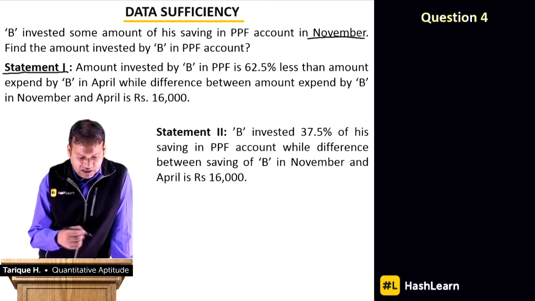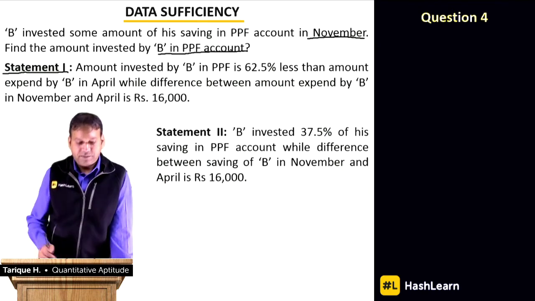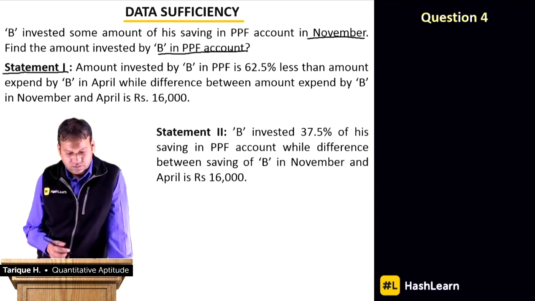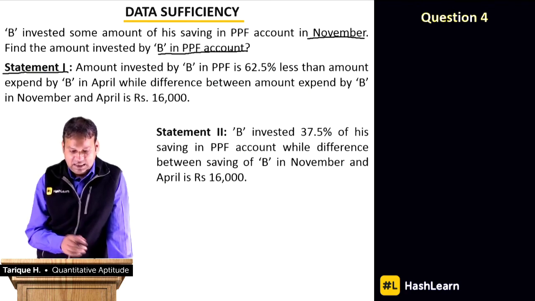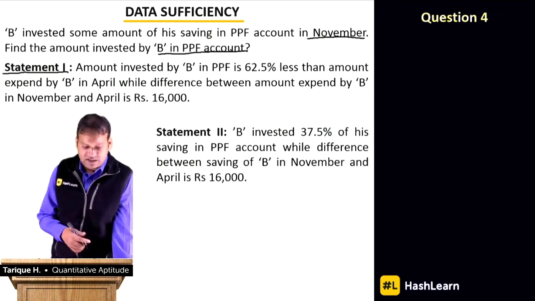Find the amount invested by B in this PPF account. And first one says amount invested by B in PPF is 62.5% less than amount spent by B in April, while difference between amount spent by B in November and April is 16,000. So can we solve from this statement alone or not?